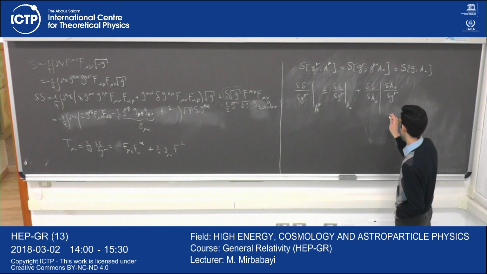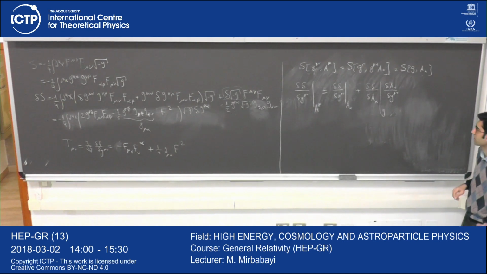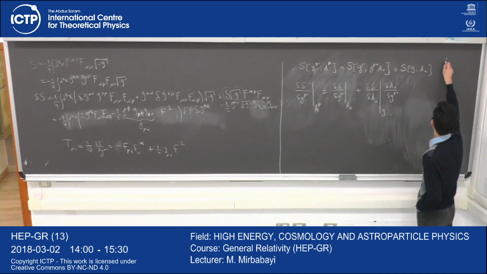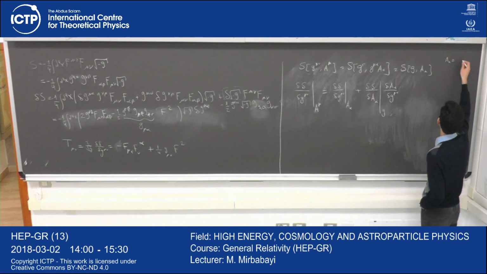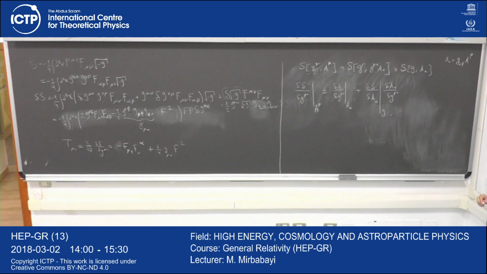This is the variation of the action when I keep g fixed. Right? But A alpha with lower index is just g alpha beta times A beta. So let me see.